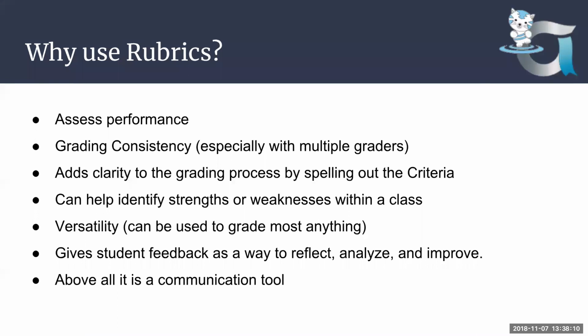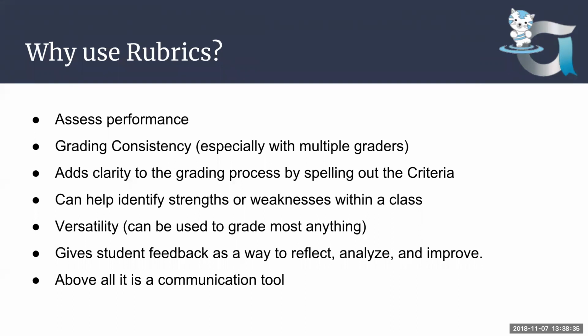This is especially true in multiple grader situations, where you have multiple instructors or multiple TAs, however it may be. It really adds consistency for those graders. And that's super important for classrooms.